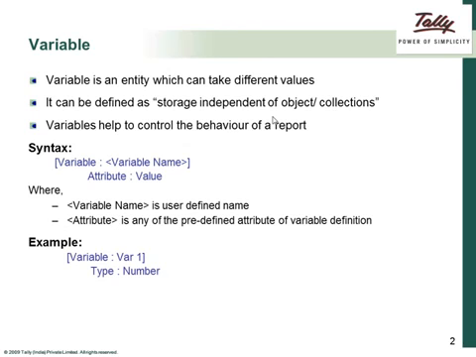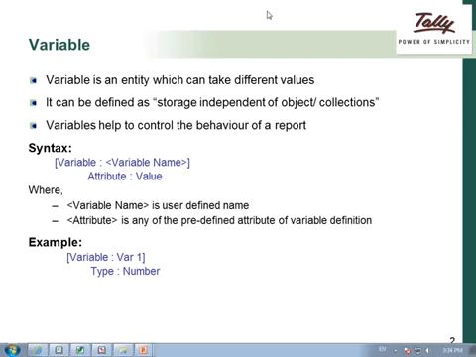We can create a new variable, just as we create a new report or a new menu. So: open square bracket, definition type variable, colon, the name of my variable. Everybody clear with this?